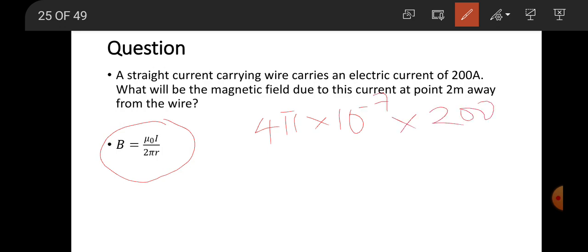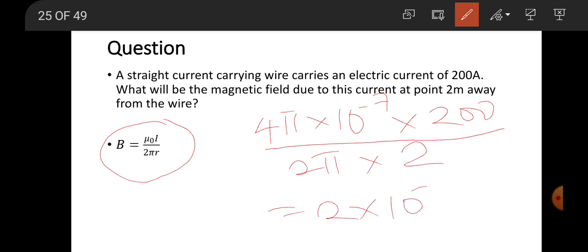Current is 200 amperes divided by 2 pi r. That means 2 pi multiplied by the r here is the distance. At what distance? 2 meters. So if we calculate that, we are going to get 2 times 10 to the power minus 5 Tesla. Okay, that is the value.